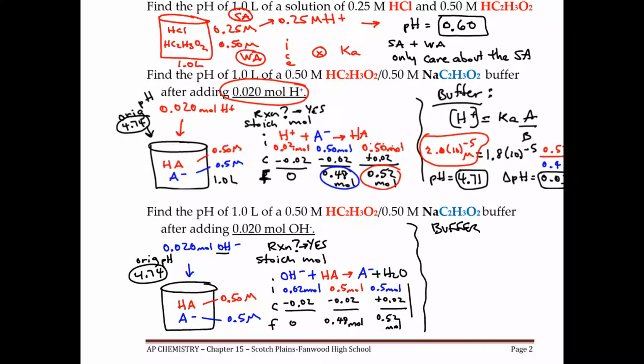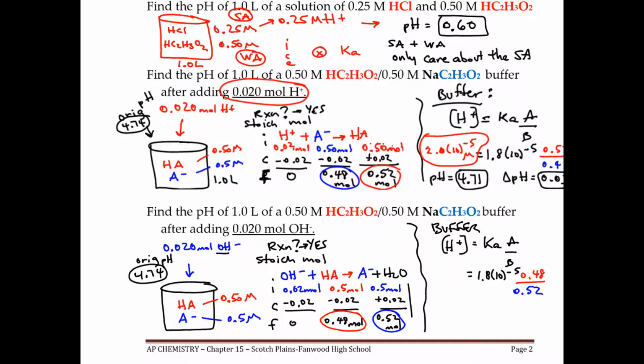So I do the buffer shortcut, which is going to be, I could still do the H plus. You could go to the OH minus if you like, but I'll just do the H plus equals Ka times A over B. Our Ka is 1.8 times 10 to the minus fifth. Our acid is the HA, which is 0.48 moles, divided by the base, which is the 0.52.